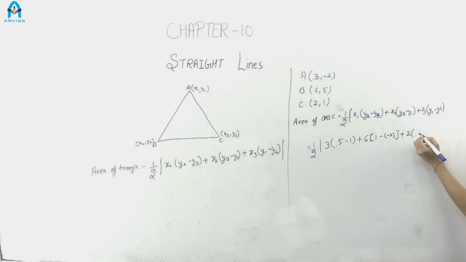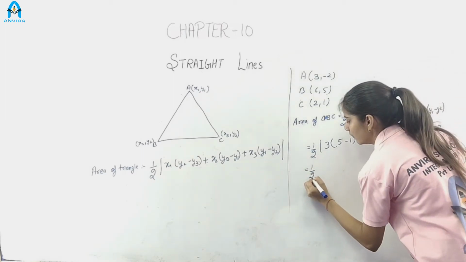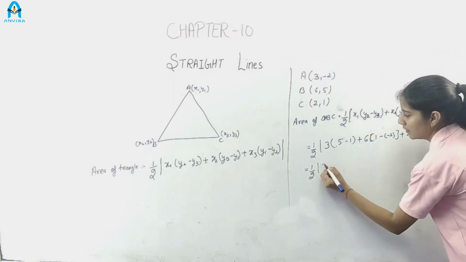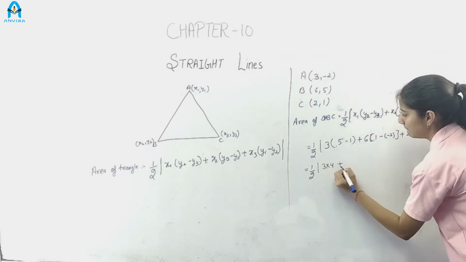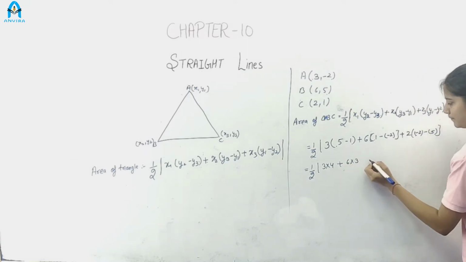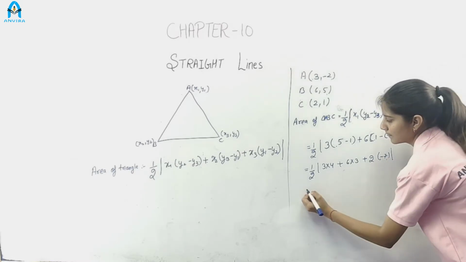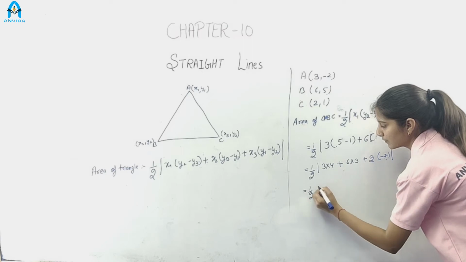Then what is our y1 minus y2? Minus 2 minus 5. So here we get 1/2 |3 into 4 plus 6 into (-4) plus 2 into (-7)|.